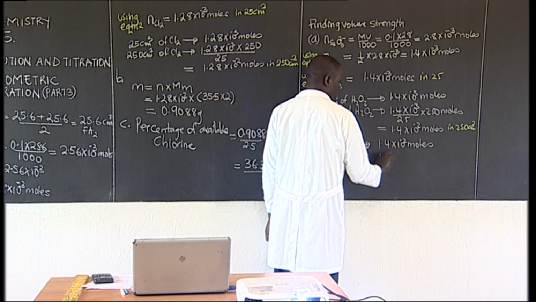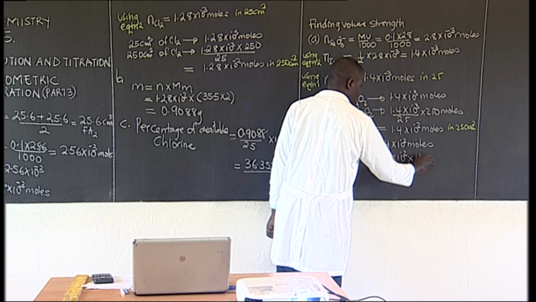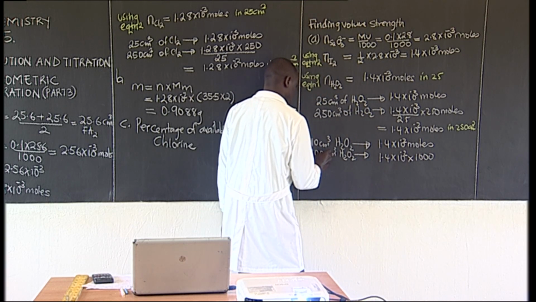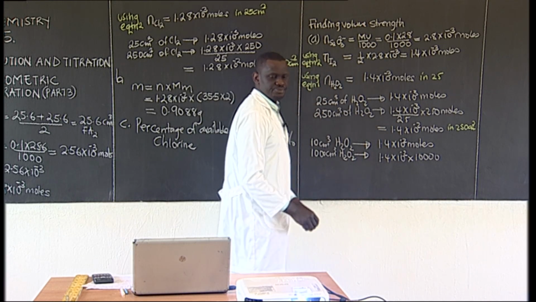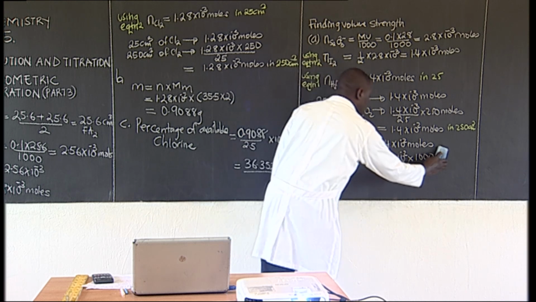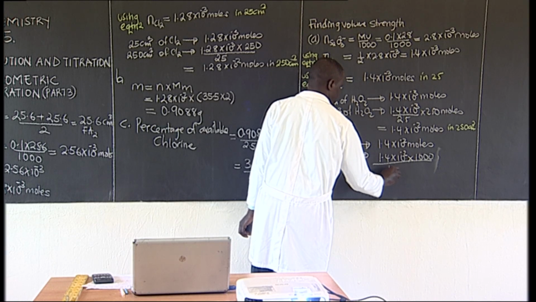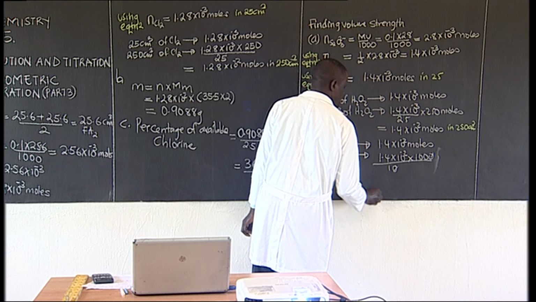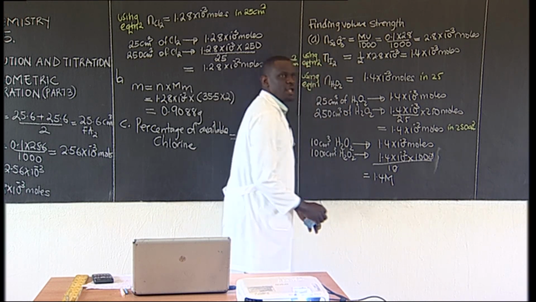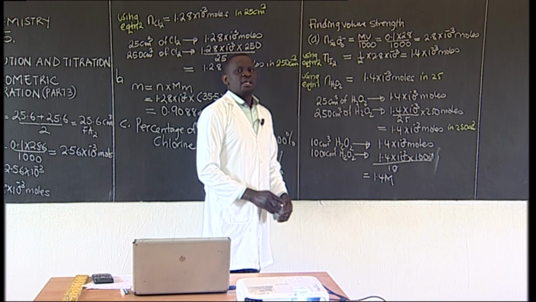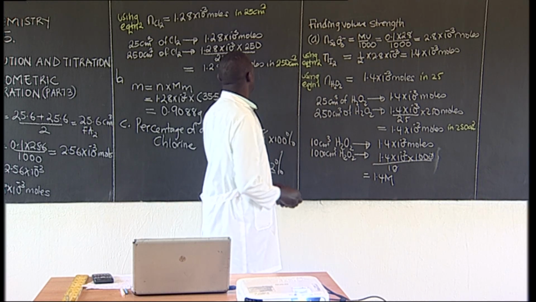So we shall have 1.4 times 10 to the power negative 2 times 1,000, divided by 10. So we cancel like this, and our answer will be 1.4 molar. Yes, 1.4 molar. I hope you followed, and this is how we get the concentration of part A.